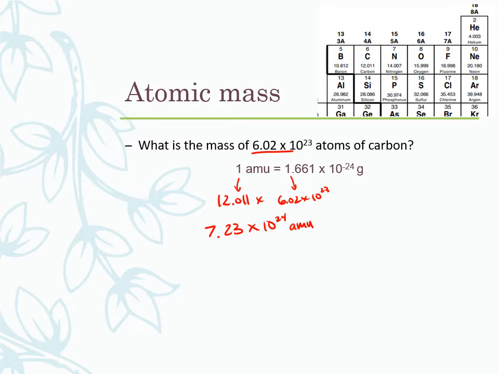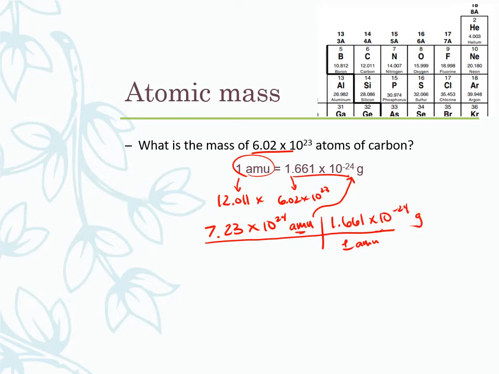But what if I want to convert my AMUs to grams? I'm going to use my railroad tracks. I have AMUs on the top, so I'm going to put AMUs on the bottom. 1 AMU is equal to 1.661 times 10 to the minus 24 grams, because that's what an AMU is equal to.